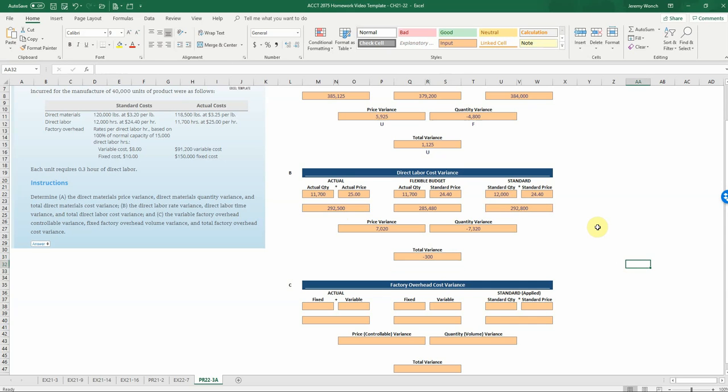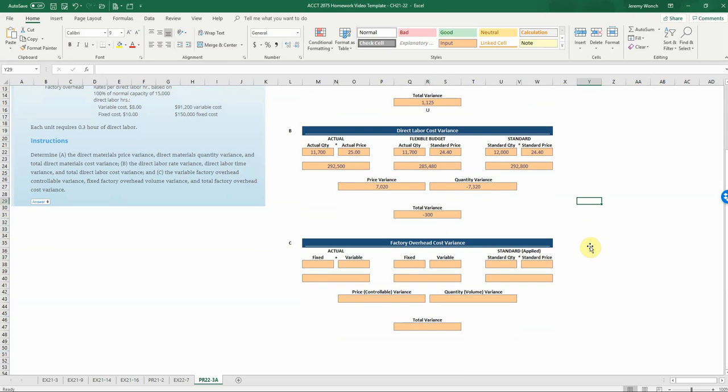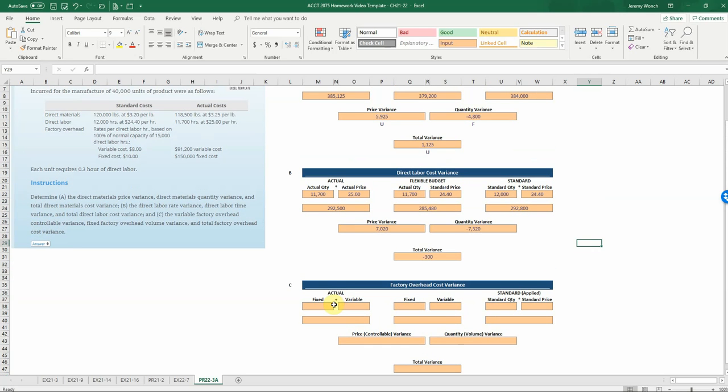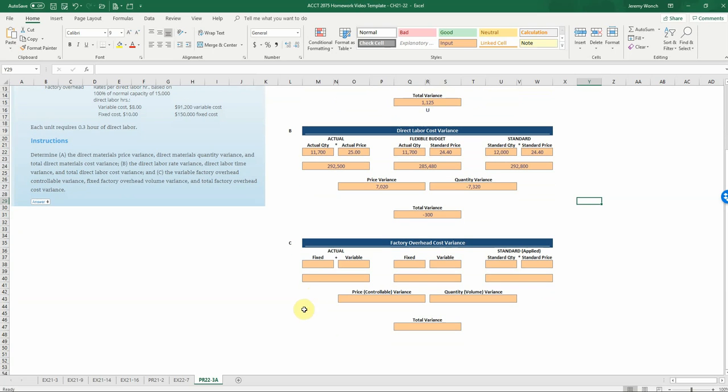So all right, the last thing it asks for is the overhead cost variance. And so the overhead variance is just a little bit different. Same principle, but the initial setup is just a little bit different because we're dealing with fixed and variable cost here. So for actual, instead of quantity and price, we just have fixed and variable.